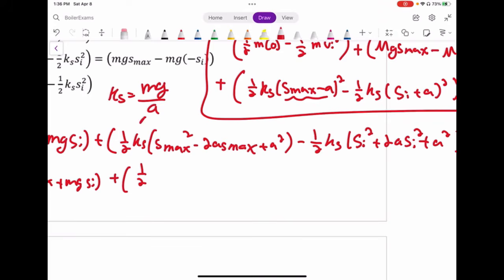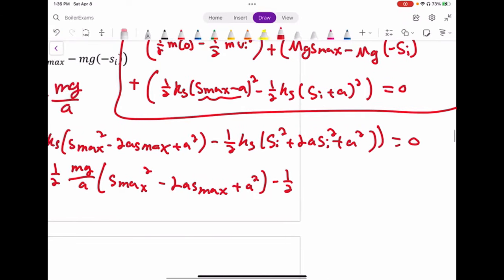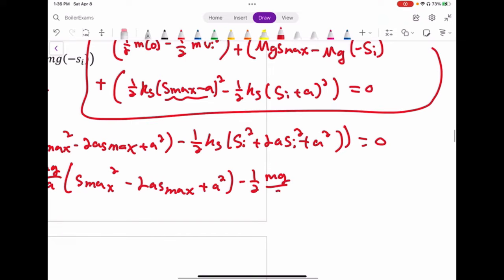Half, and now I'm making this substitution right here: half mg over a (s max squared minus 2a s max plus a squared) minus half, what is it? Mg over a (si squared plus 2a si...). That should not be squared. I don't think that should be a square right there.